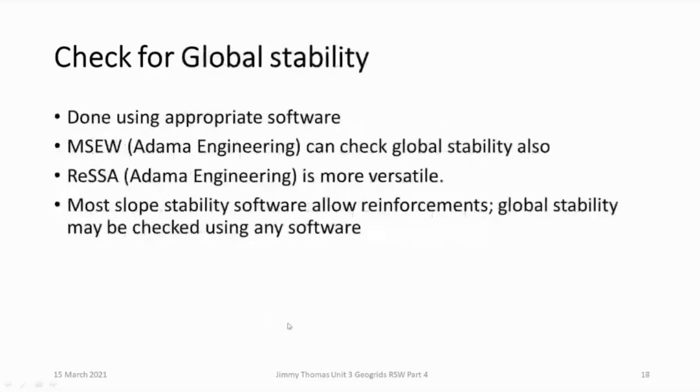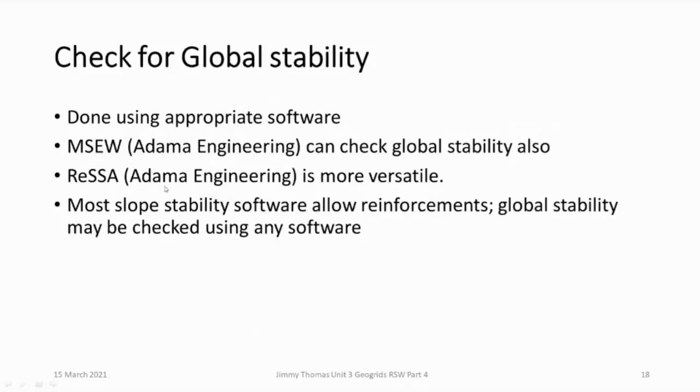Next, we should check for global stability, but for this we have to use appropriate software. In MSEW, there is an option for checking global stability also. But a better way, what I use, is ReSSA, because it's more convenient for entering layers and there are more options.